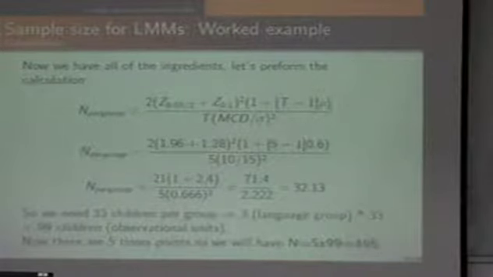So I have 3 language groups times 33 children, that means 99 children. 99 observational units. How many observations? About 500. So 99 or 100 observational units, children who will be observed 5 times.